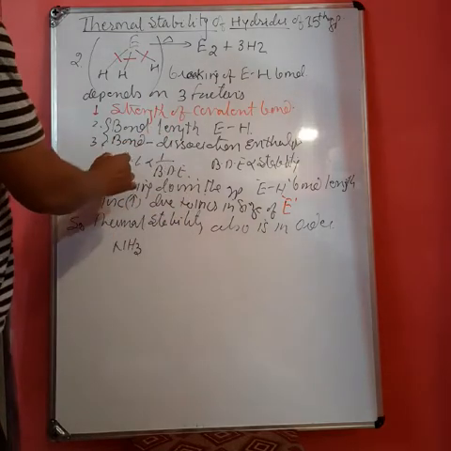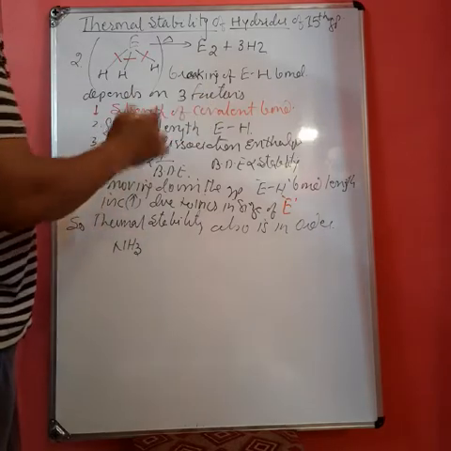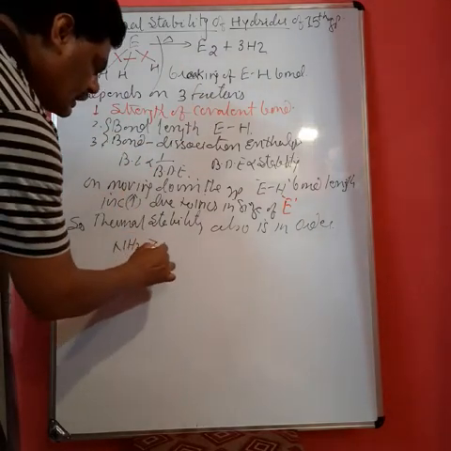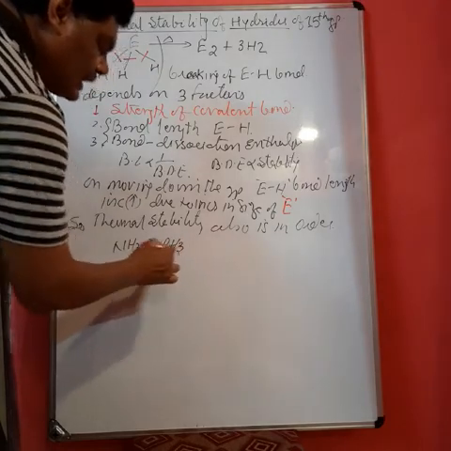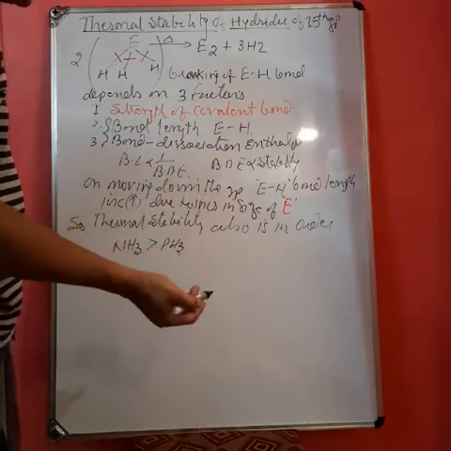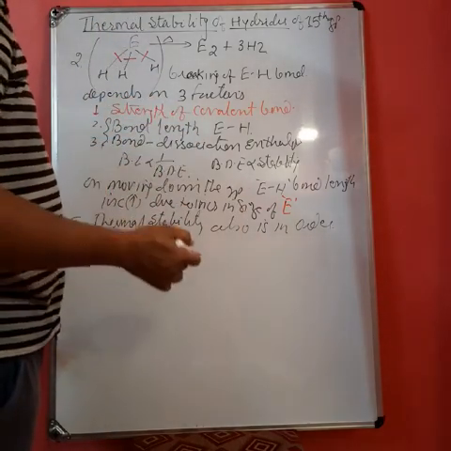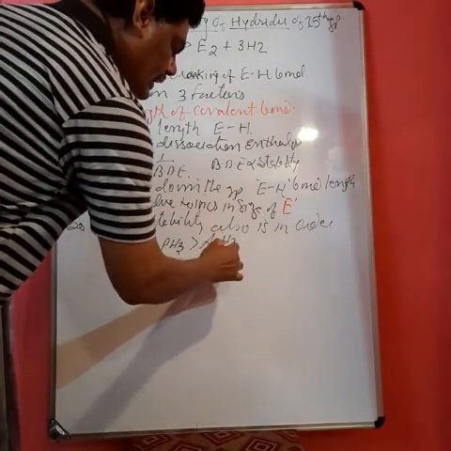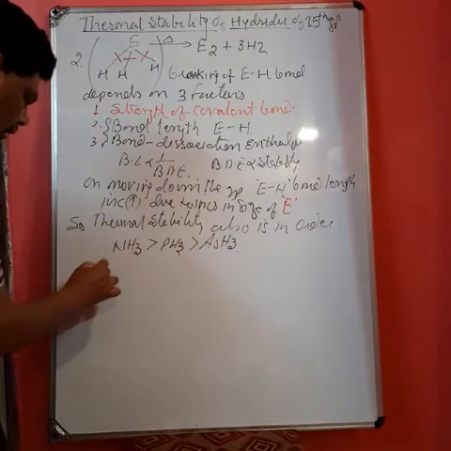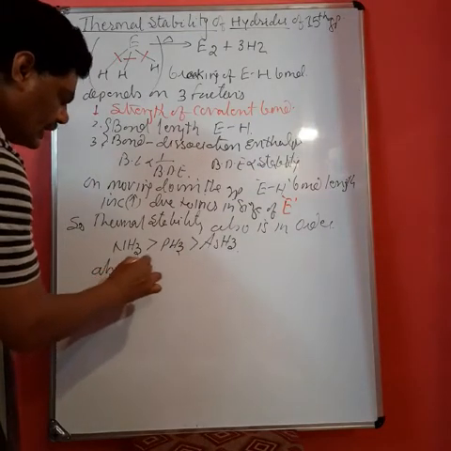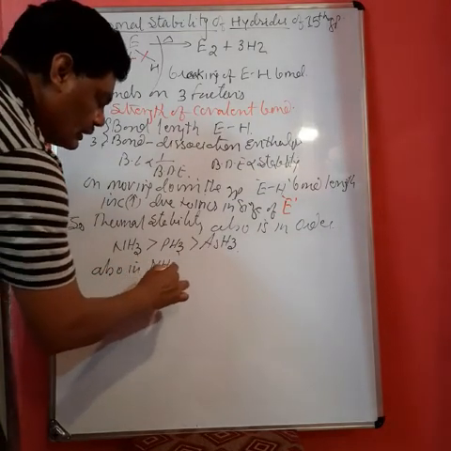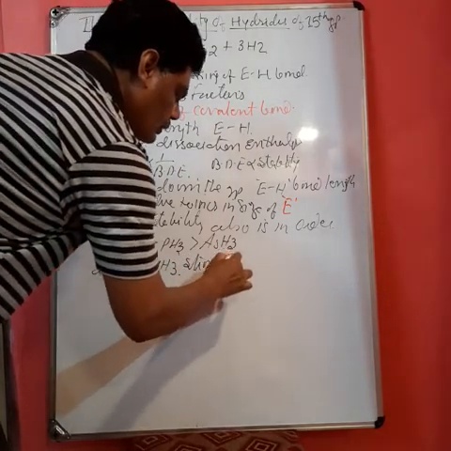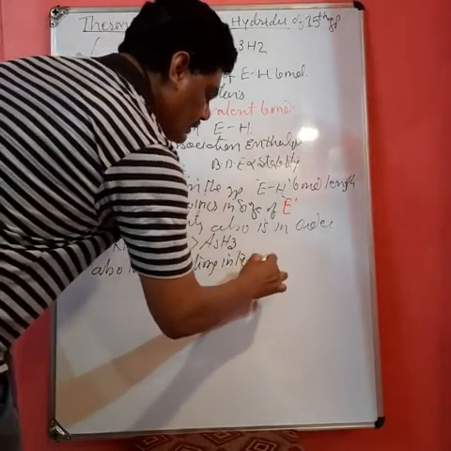It is because the bond length is shorter and the bond dissociation enthalpy is very high. But in the case of PH3, the bond length is higher, so the bond dissociation enthalpy is lower, and so on for AsH3. Also in NH3, ammonia, strong intermolecular hydrogen bond is present.